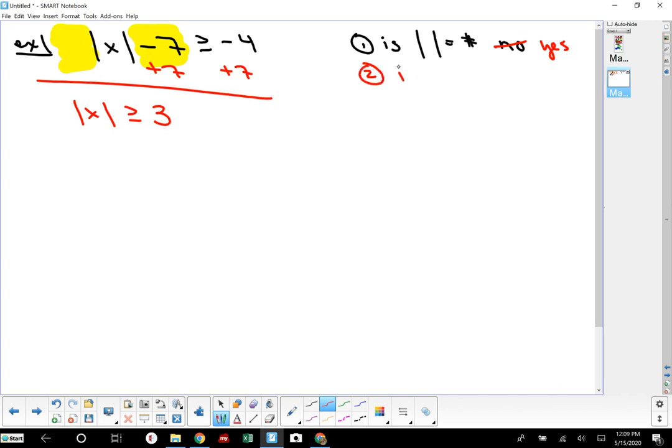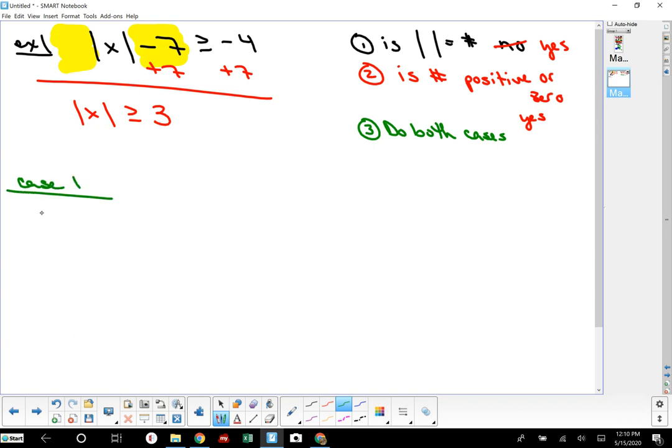And question 2, is the number positive or 0? And the answer to that question is also yes, so we can continue with case 1 and case 2. So 3, do both cases. Okay, so case 1 is just, oh, I don't need that absolute value bar, x is greater than or equal to 3.